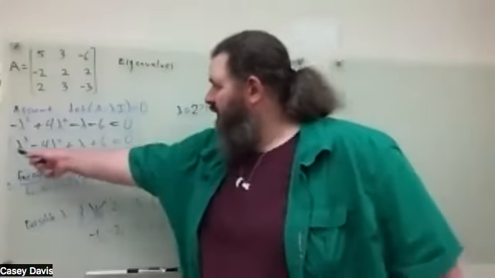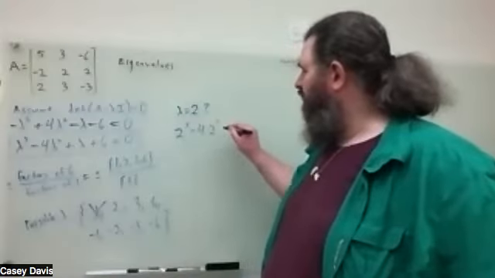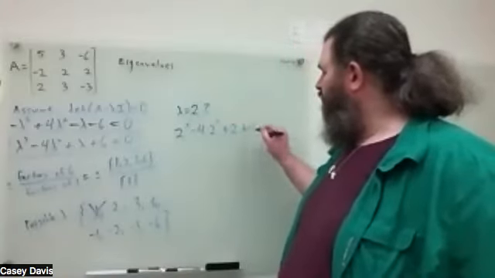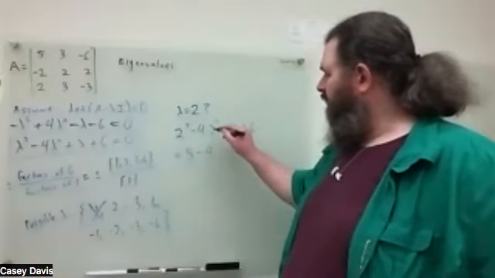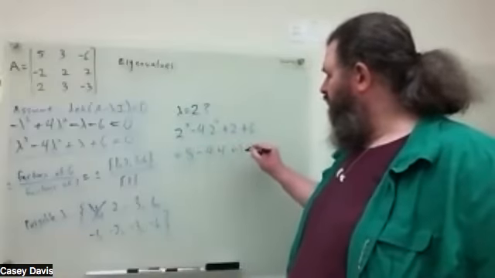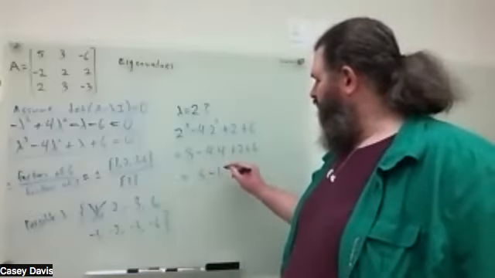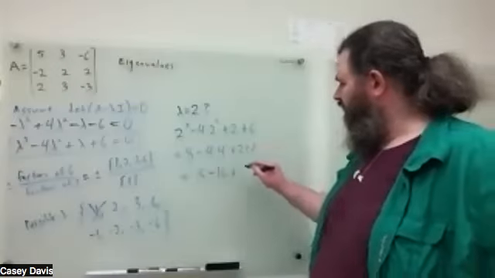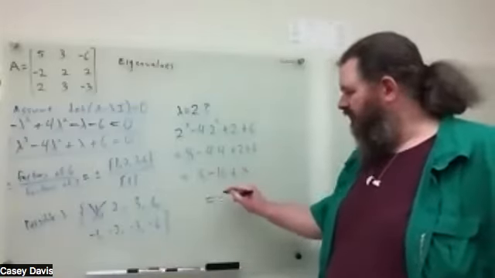We get, if we just fill in 2 for every lambda, 2 cubed minus 4 times 2 squared plus 2 plus 6. 2 cubed is 8, minus 4 times 2 squared is 4, plus 2 plus 6. So that's 8 minus 16 plus 2 and 6 is 8. 8 and 8 make 16, minus 16 is 0.